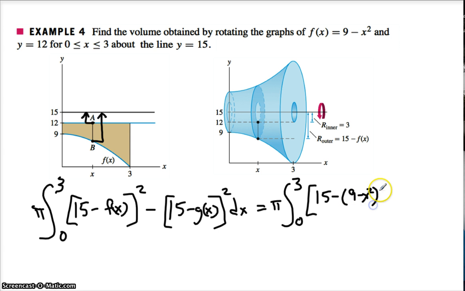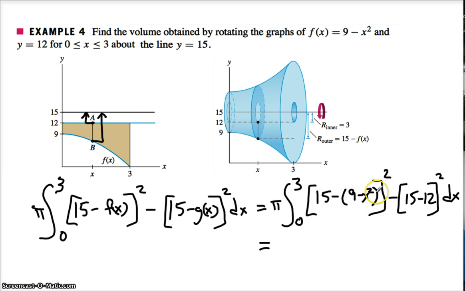The reason I'm doing that is because when you're expanding and simplifying 15 minus that, the minus is going to affect both the 9 and the negative x squared. So I emphasize that by putting brackets around it. And then we're going to subtract 15 minus g of x. g of x is just 12. And don't forget to square that. So I'm going to stop here.